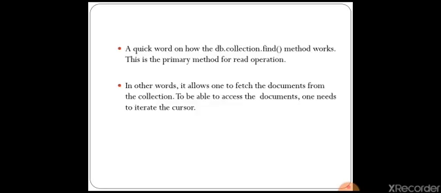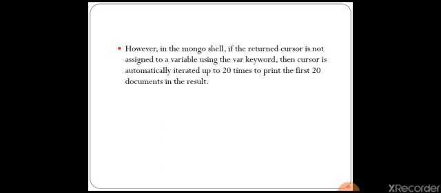A quick word on how the db.collection.find method works. This is the primary method for read operation. In other words, it allows one to fetch documents from the collection. To be able to access documents, one needs to iterate the cursor.